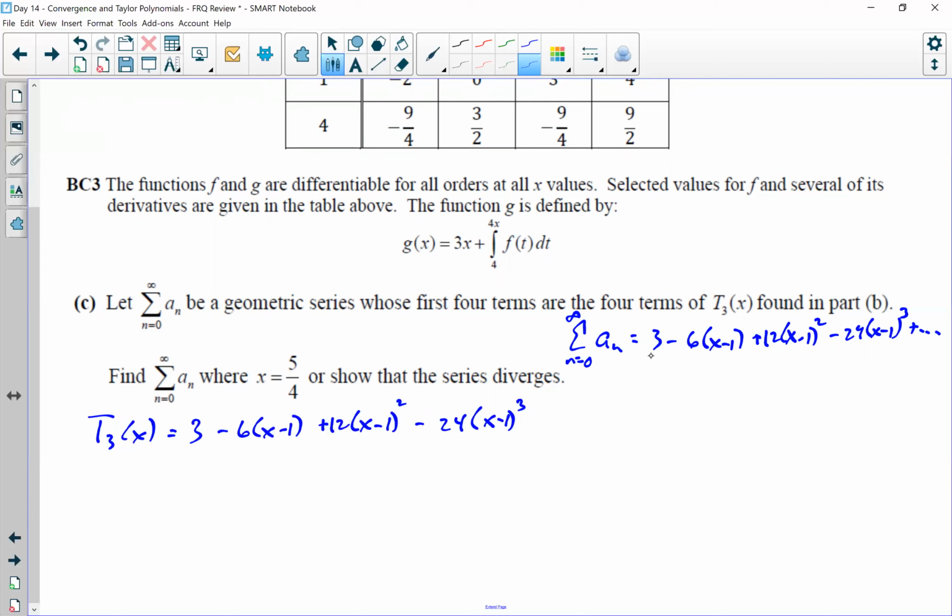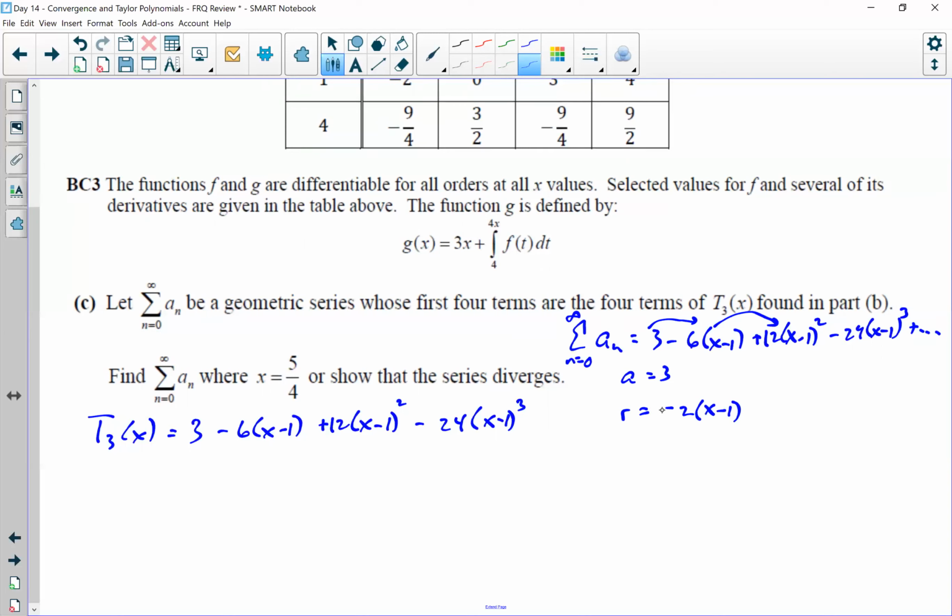So on a geometric series, our first term, our a value, is just 3. It's pretty obvious, it's the first term. And our r value is what we multiply each time. Well, notice that to get from one term to the next, the coefficient, the number in front, is being multiplied by -2 each time. But we're also multiplying each term by x minus 1, right?